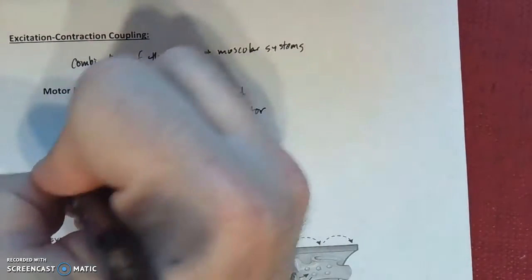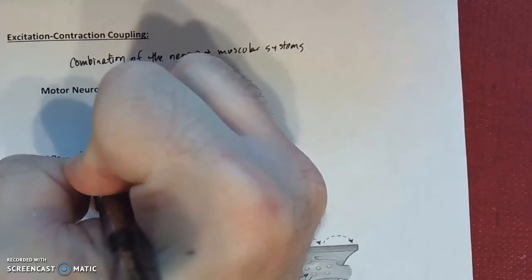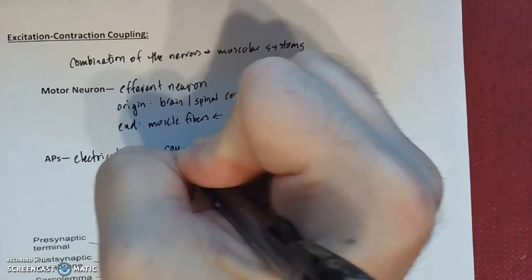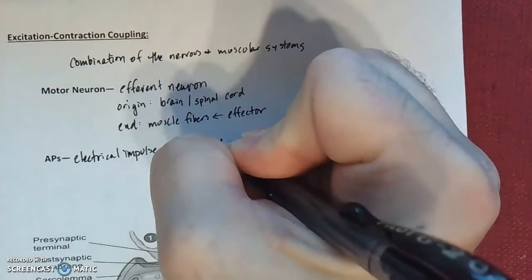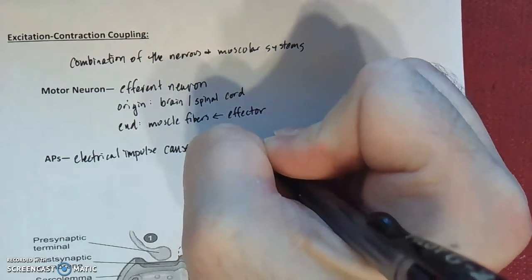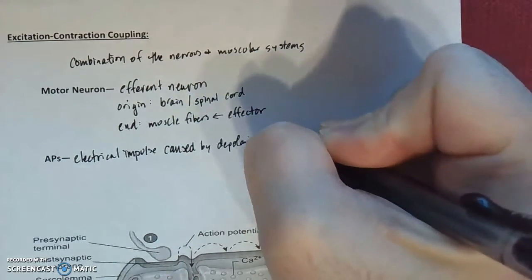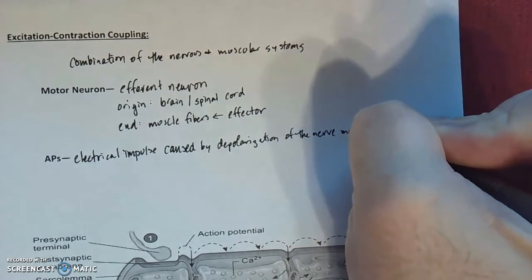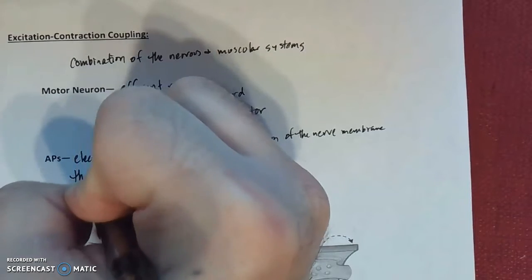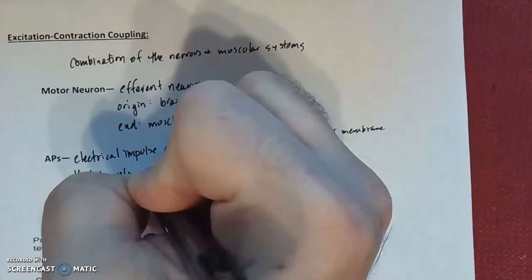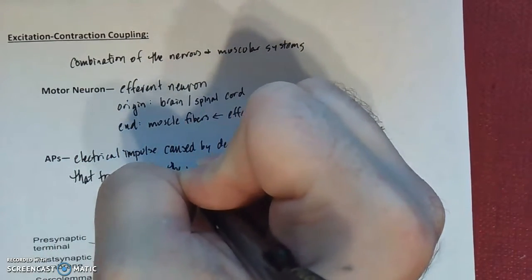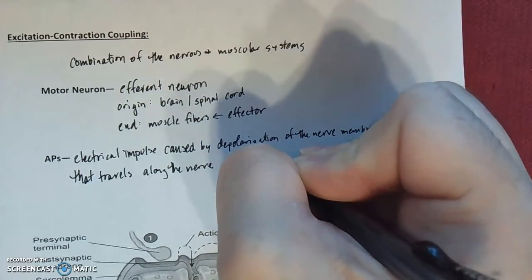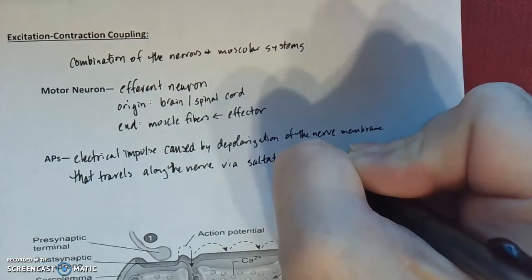So the action potentials, we know, are electrical impulses caused by depolarization of the nerve membrane that travels along the nerve via saltatory conduction.